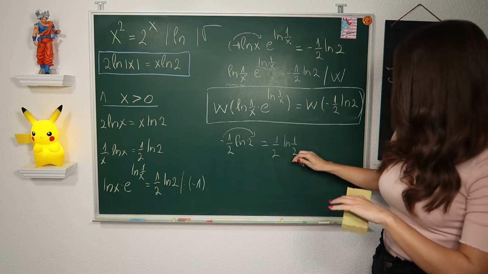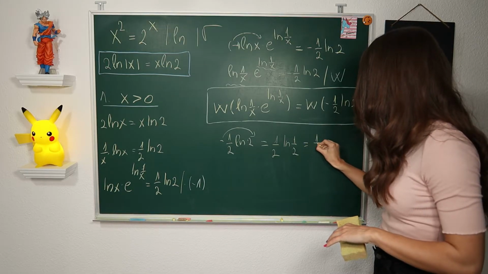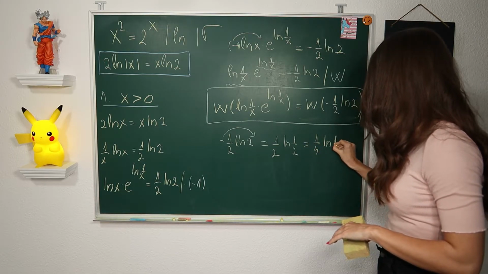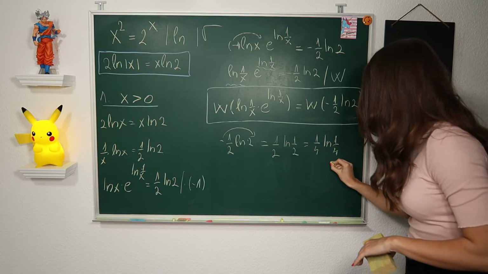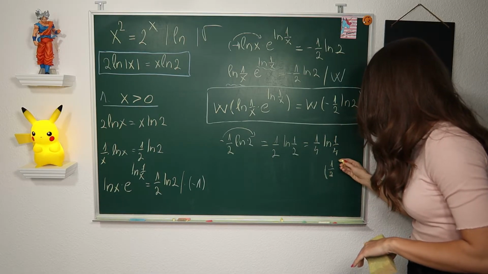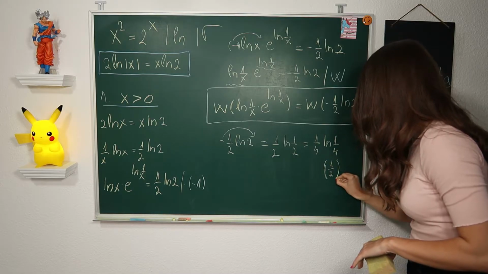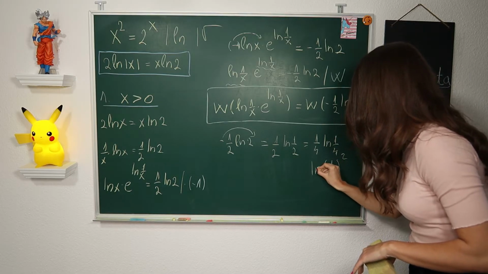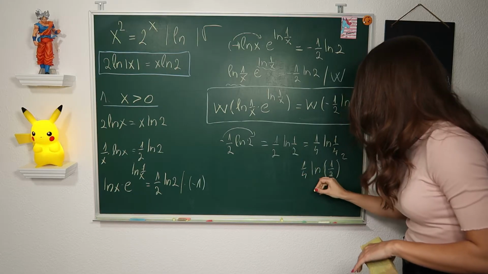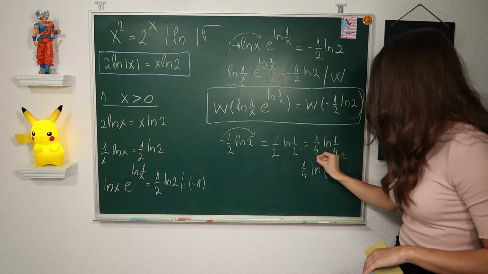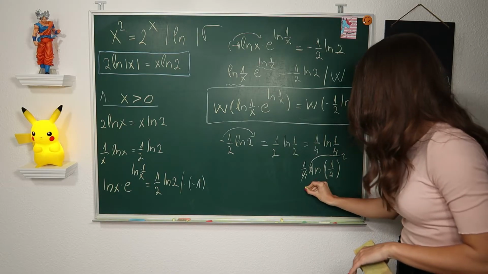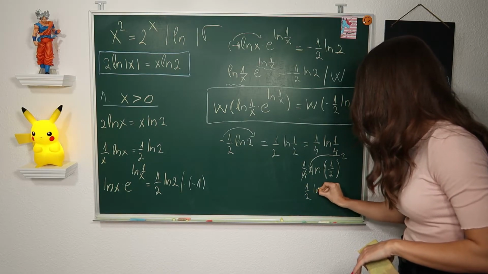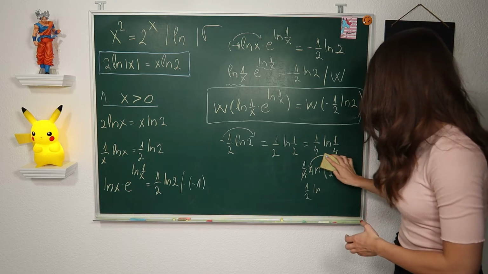But if you take a look, you will see that it's the same as 1 over 4 ln 1 over 4. How? If you rewrite this as 1 over 2 squared, so you have ln of 1 over 2 squared, you can move this 2 to the front, and then this 2 and this 4 are going to cancel, and we are left with just 1 over 2 ln 1 over 2. So this here is true.